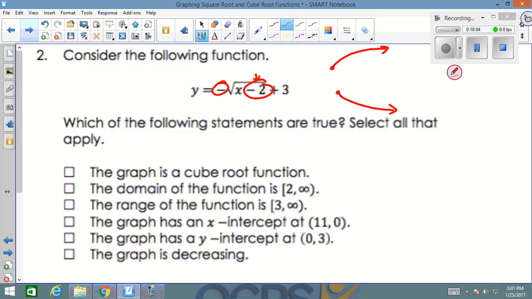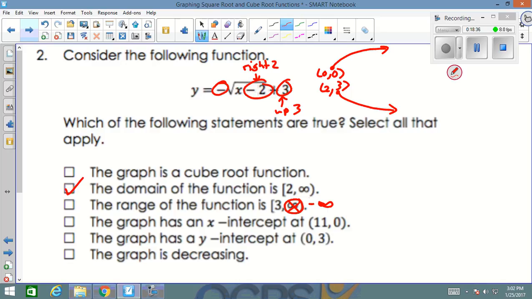This point right here will shift it right 2 units, so the x value is now 2. This will shift it up 3, so it's at 2, 3. So our domain does go from 2 to infinity, so that's good. The range, though, goes down, so it goes to negative infinity, not infinity. So you can't pick that one.